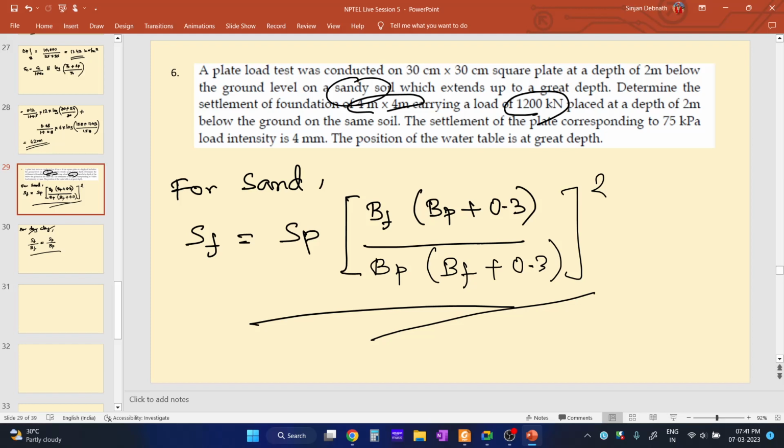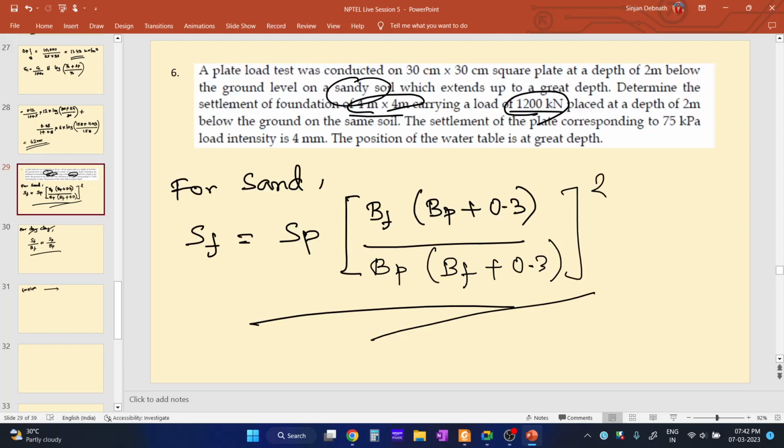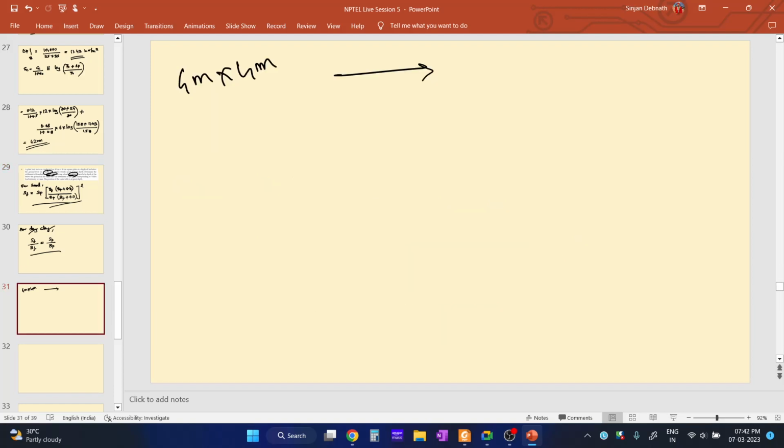So see how much load the foundation is carrying. It is 1200 kilonewton. And what is the breadth of the square foundation? It is a 4 by 4 foundation, 4 meter by 4 meter, carrying a load of 1200 kilonewton. So what is the stress acting on the foundation?